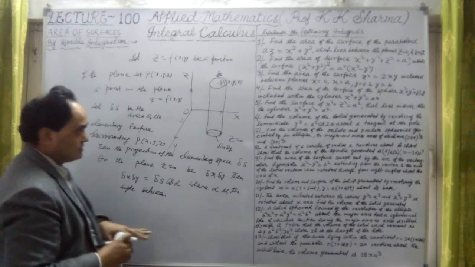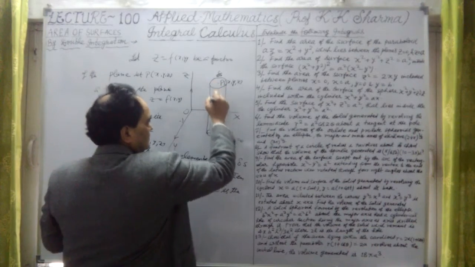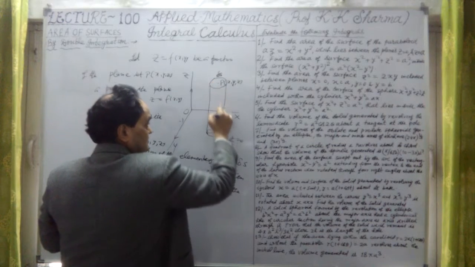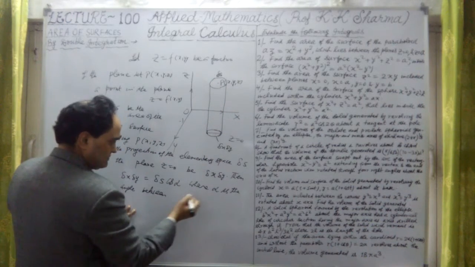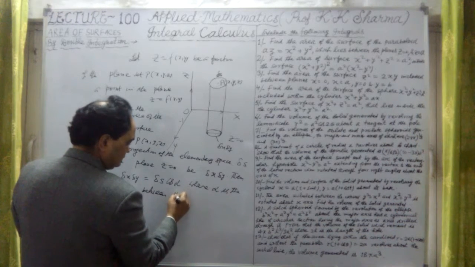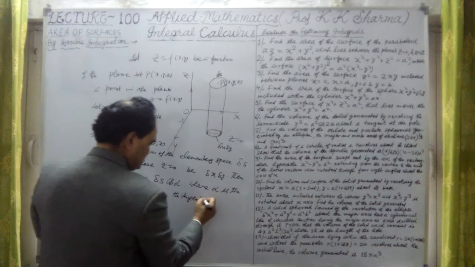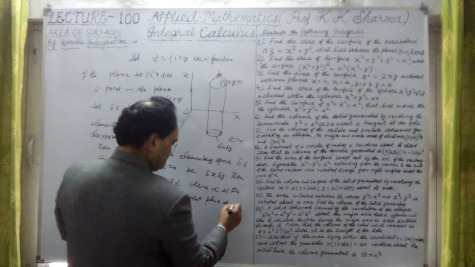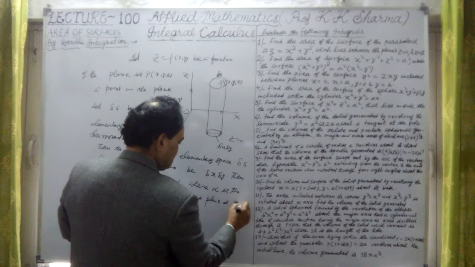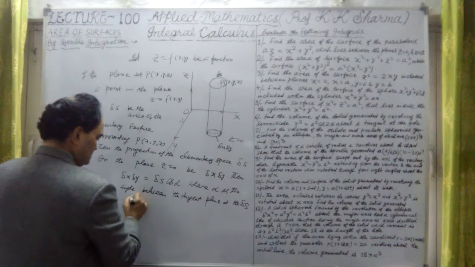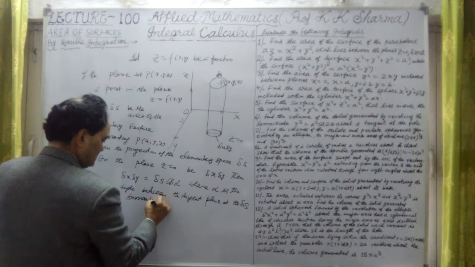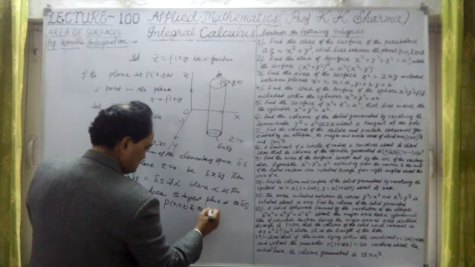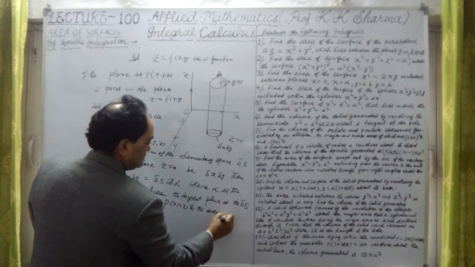Alpha is the angle between the tangent plane at the element delta S surrounding the point P(x, y, z), and the area delta x delta y.